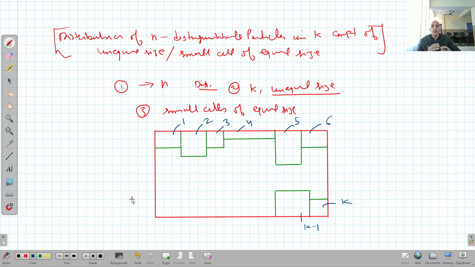Here we have to distribute these n particles, which are distinguishable, into all these compartments. So first of all we have to think, can we apply the principle of equal a priori probability here?